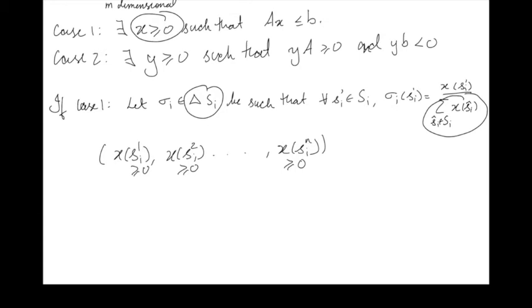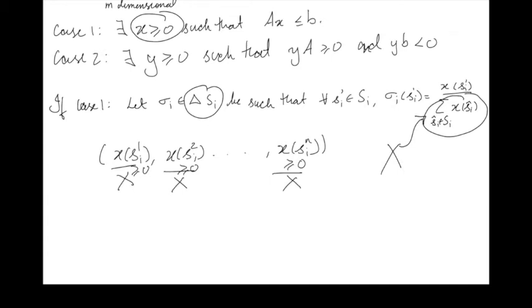However, since all of these things are non-negative, if we take the sum of them, let's call that capital X, and we divide each of these by capital X, then what you end up with does sum to 1. Because if we add these up, then we get X divided by X, and that's equal to 1.